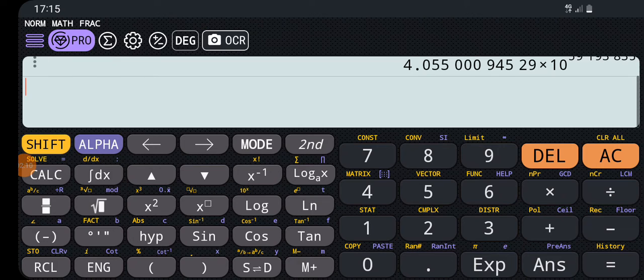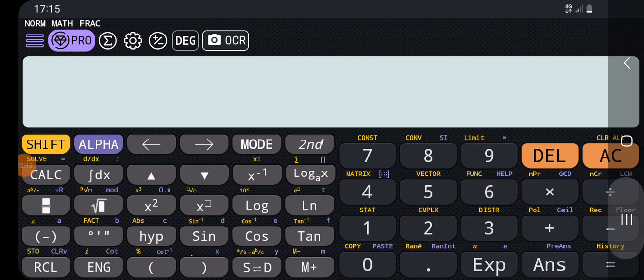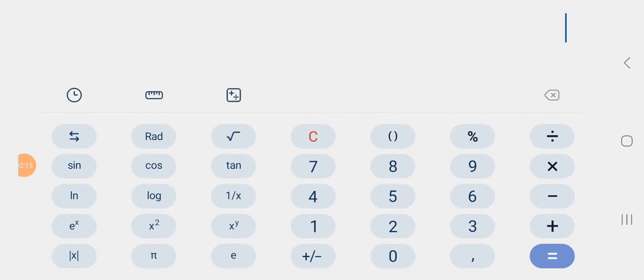Alright, now let's learn about factorials. If you don't know what a factorial is, it's basically like this.